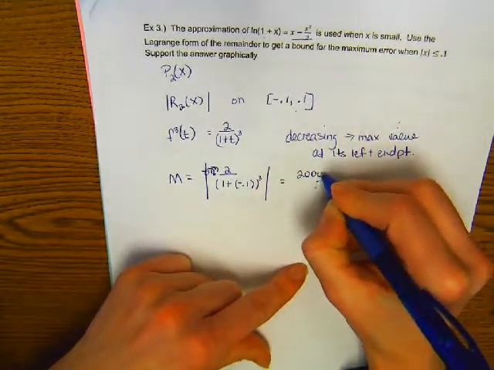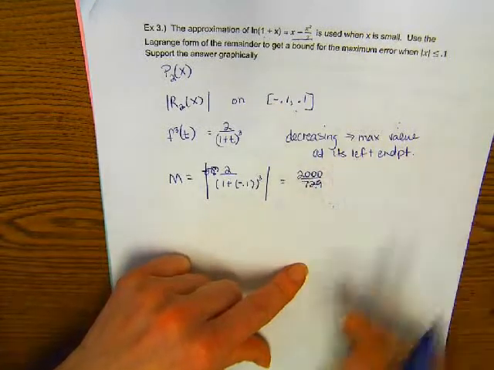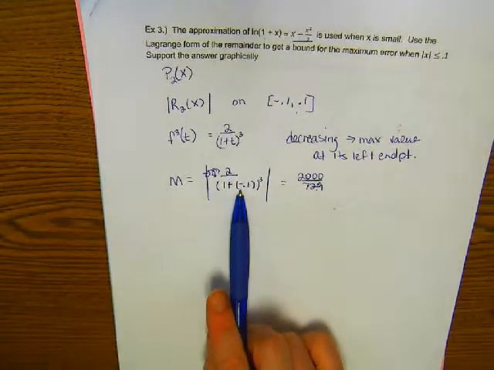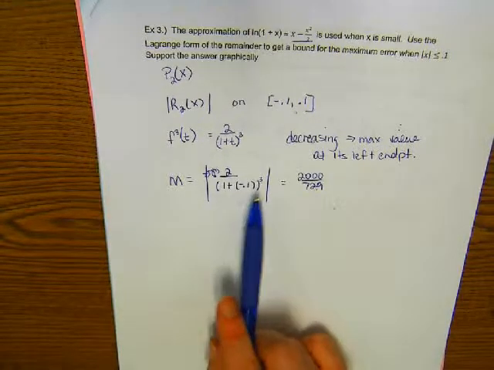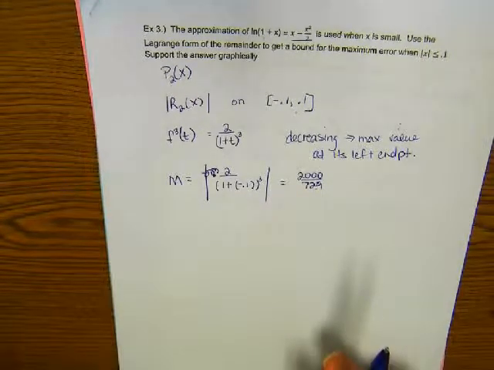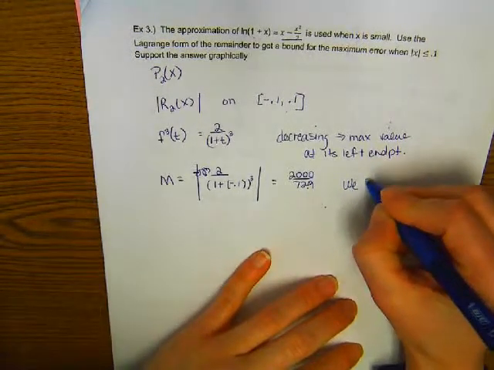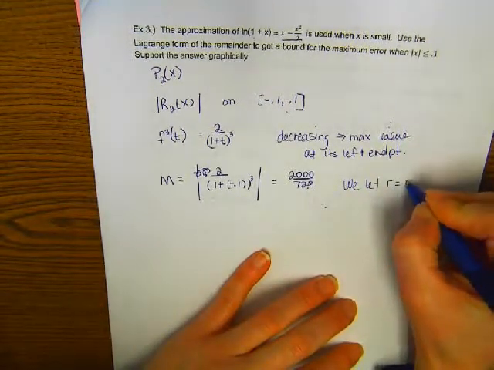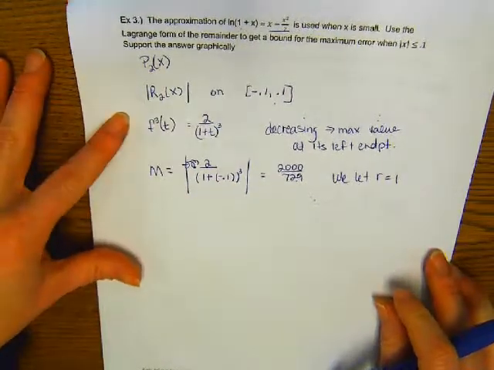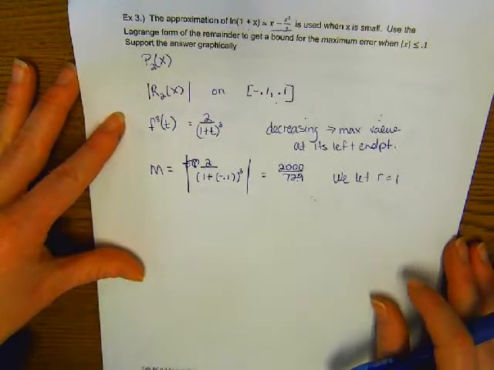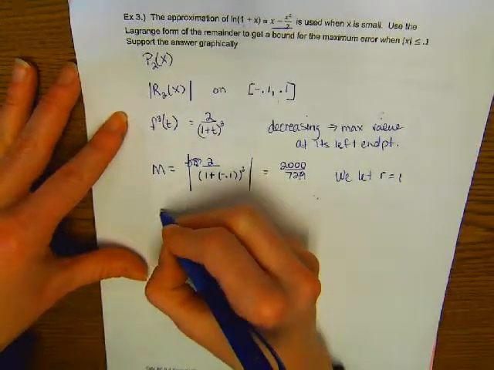So the fraction value is 2,000 over 729. I'll let you go at the exact specifics, but essentially we have 2 over (9/10) to the third power. Okay, so once again we can let r equals 1. Again, I'm not sure why we let r equals 1. I'm hoping that it'll become a little more clear in the next section.